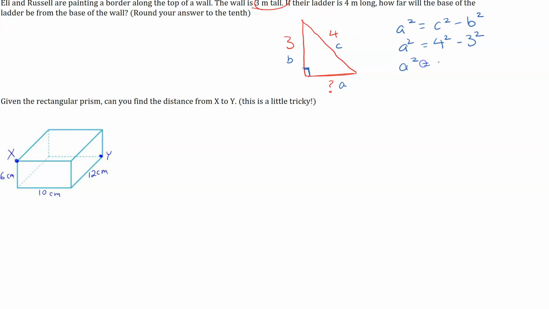So I get A squared is equal to 16 minus 9, or A squared is equal to 7. So A is the square root of 7, which is about 2.6 meters. We were told to round your answer to the nearest tenth, so the ladder is 2.6 meters from the base of the wall.